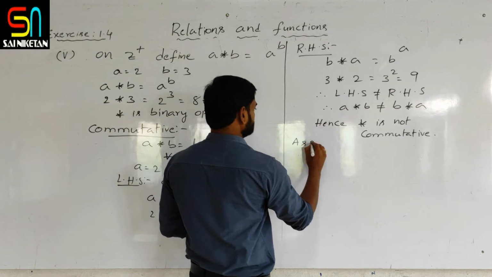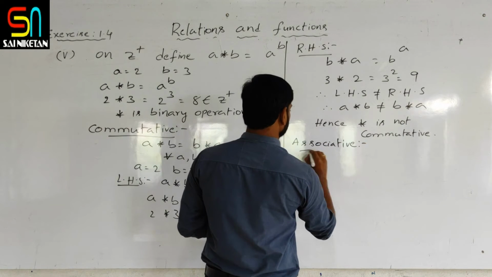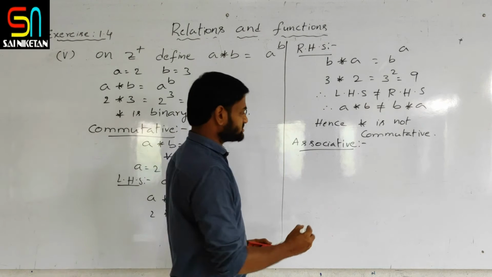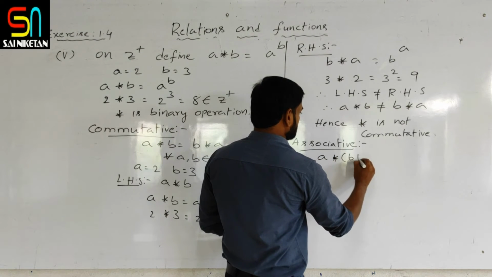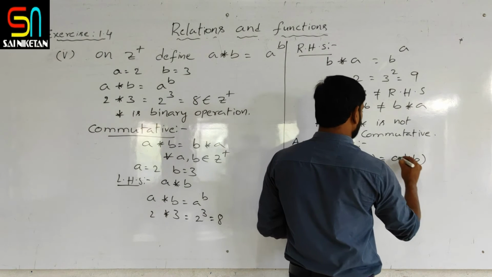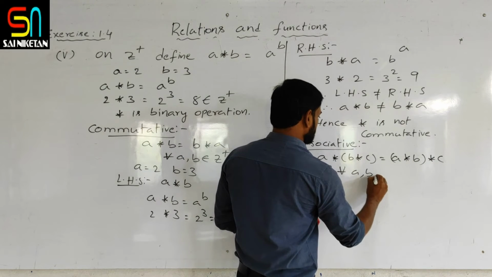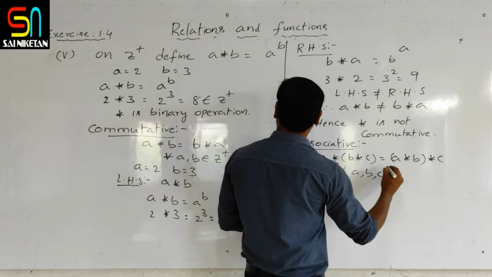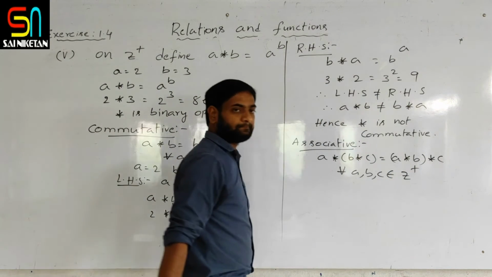Next we have to check whether star is associative or not. The associative condition is A star of B star C is equal to A star B star C, for all A, B, C belonging to the given set Z plus.